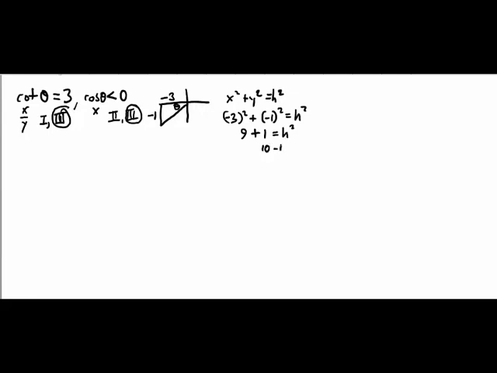So 10 is equal to hypotenuse squared. So we take the square root of both sides, and we have the square root of 10 is equal to the hypotenuse. Now normally we'd have the plus and minus to contend with when we're dealing with x and y, but because this is the hypotenuse for the sake of our examples will always be positive. So this is going to be our square root of 10 for our triangle.